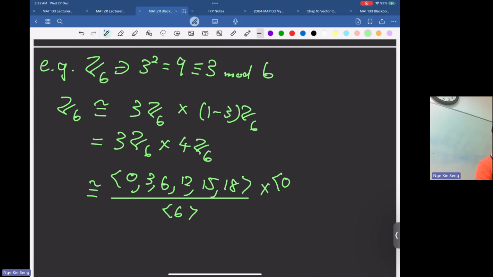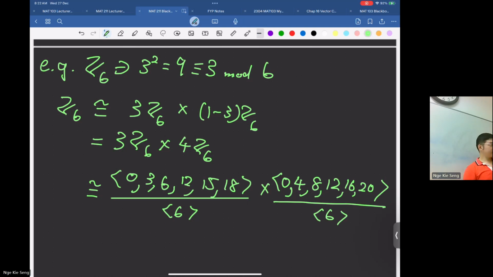I have 0 again, because 0 is in every Z mod n Z. And then I have 1 times 4, I get 4. 2 times 4, I get 8. 3 times 4, I get 12. 4 times 4, I get 16. And so on, 24. I think we can stop here. And then mod 6 again.